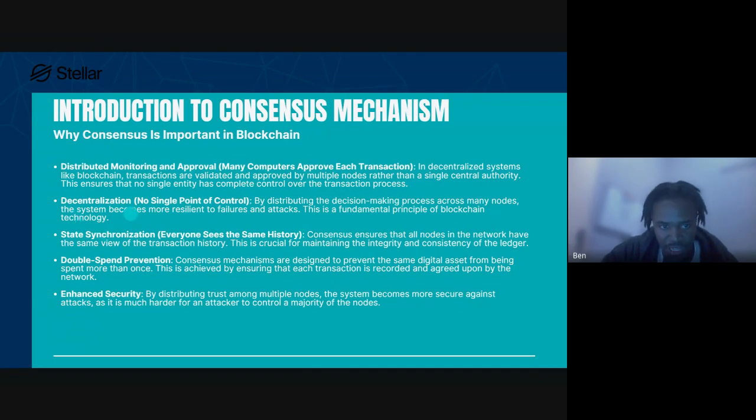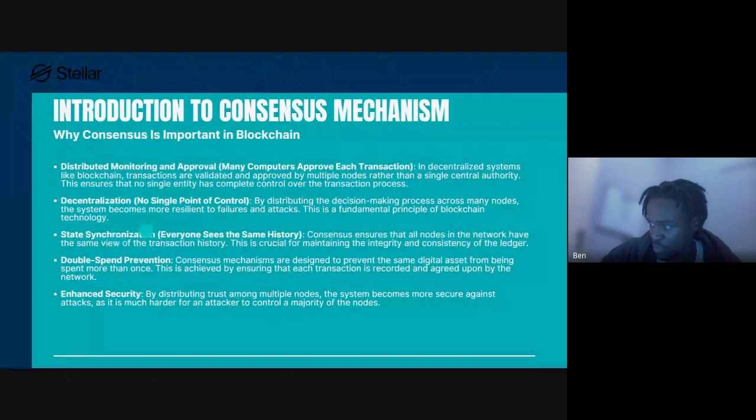So, like I was saying, it's more like a democracy, and the only way you can break the system is through the 51% attack, which is very, very unlikely because you would have to control 51% of computers or nodes in the blockchain, which itself is very expensive.